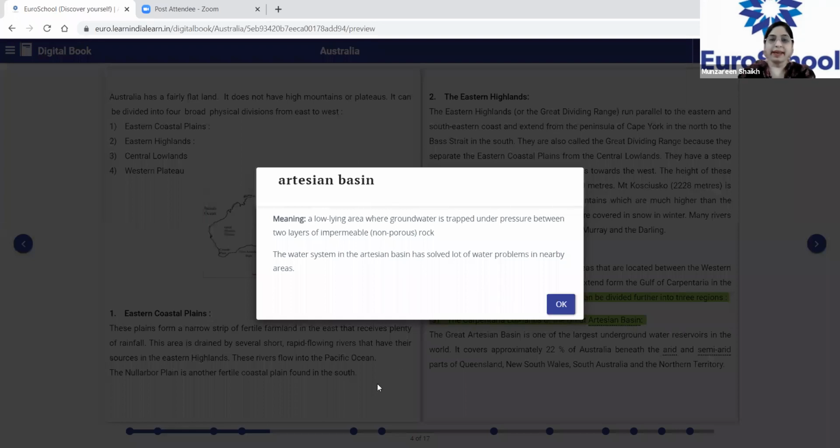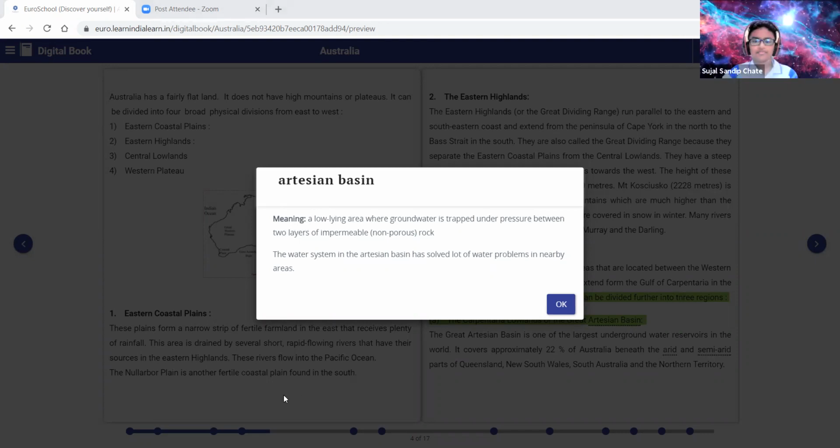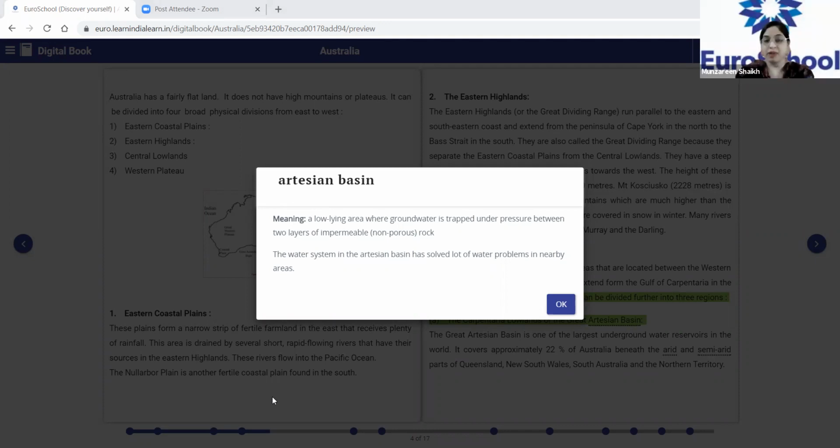A low-lying area where groundwater is trapped under pressure between 2 layers of impermeable rock. Impermeable rock means non-porous rock. We have studied about rocks, and we have seen the different types of rocks.